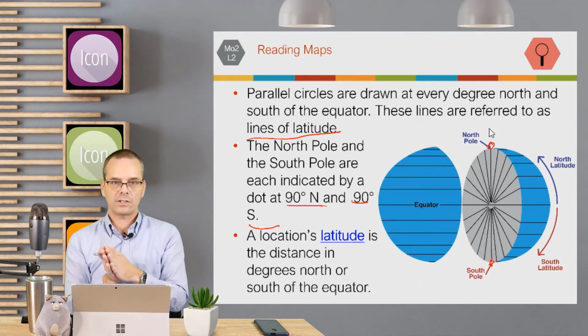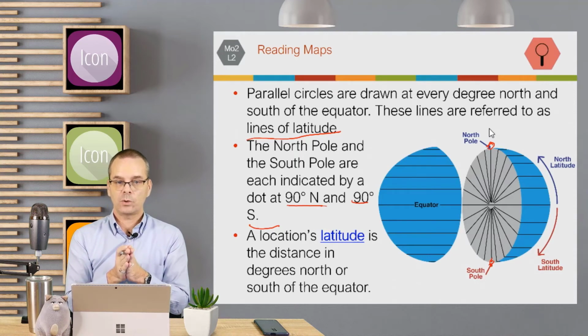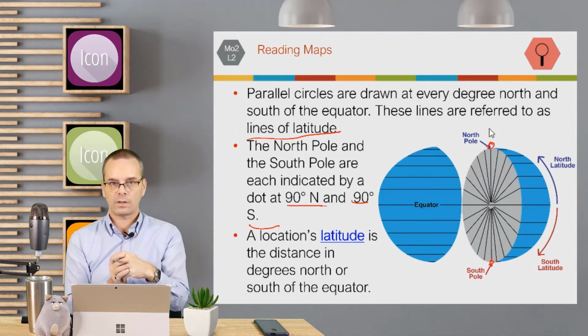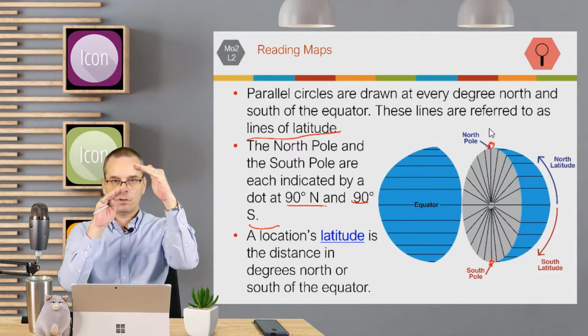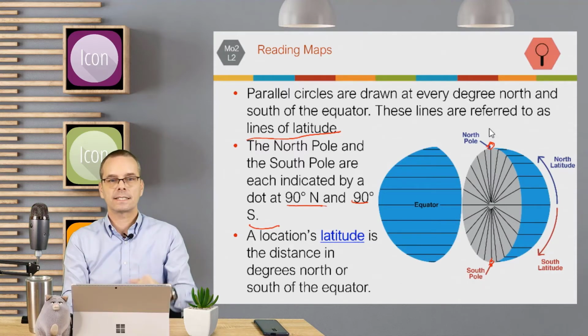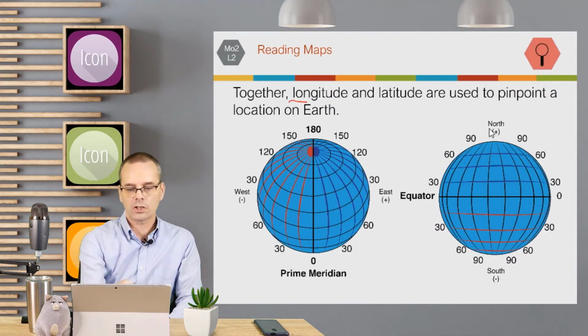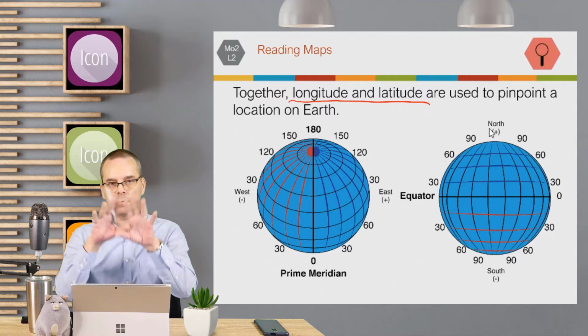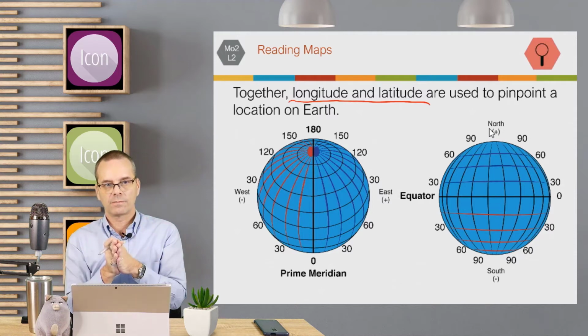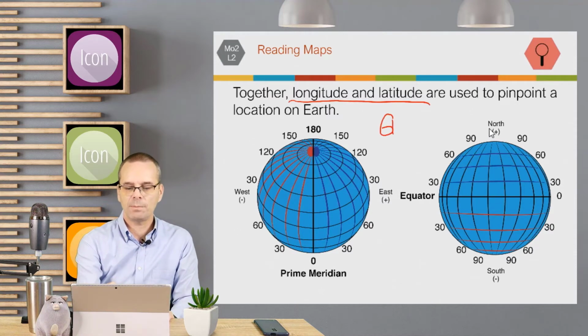Now, a location's latitude is the distance in degrees north or south of the equator. And remember, it's up to 90 degrees north or 90 degrees south. Together, longitude and latitude are used to locate any place. You always see this in GPS.